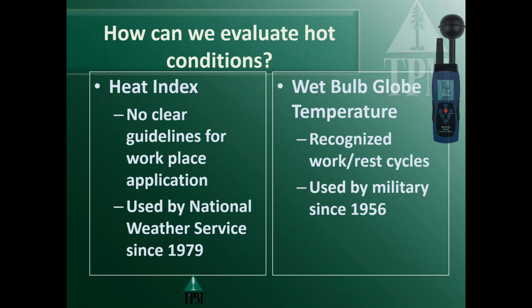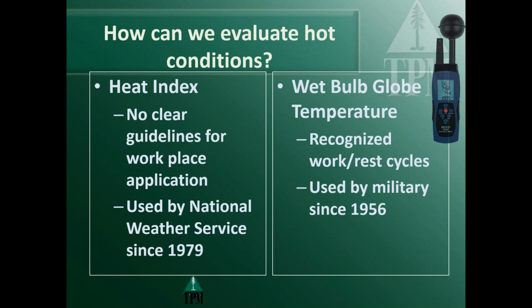And this, unlike the heat index, has very strict recognized work and rest cycles. So the heat index doesn't really tell us we have to do this or that. With the wet bulb globe temperature method, it absolutely is very clear. And this has been in effect even longer than the heat index. But you do absolutely need to know that if you go to the wet bulb globe temperature and you're collecting actual data, we have to act on that data.